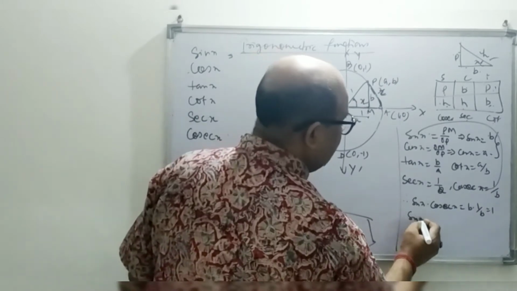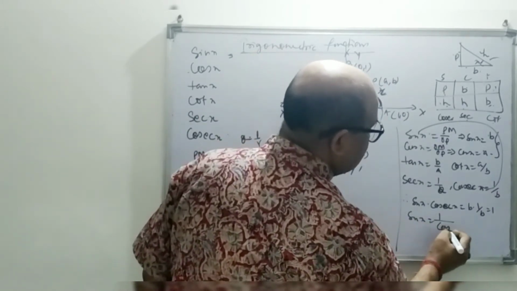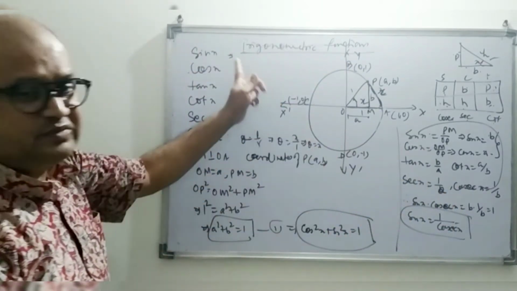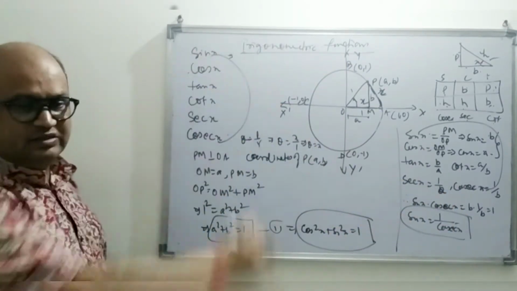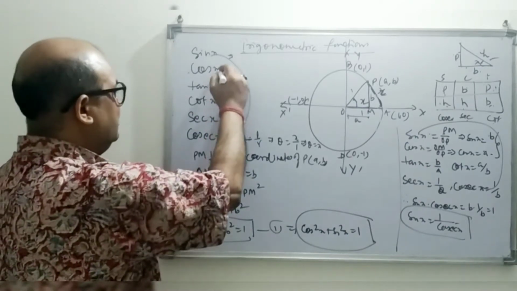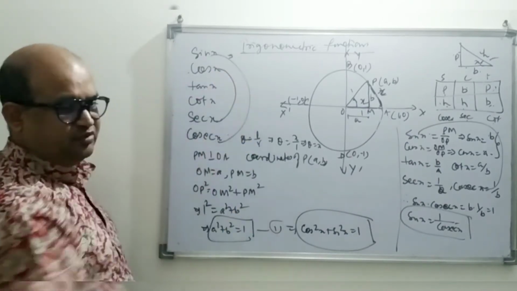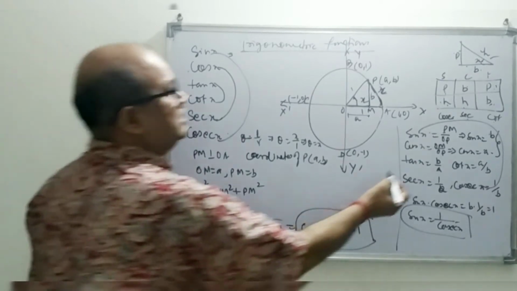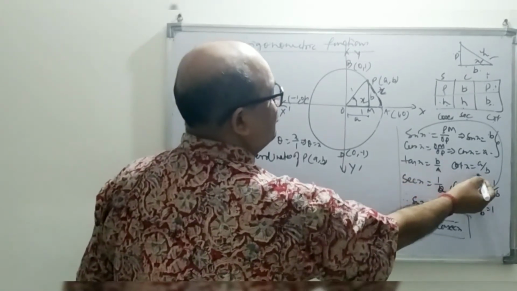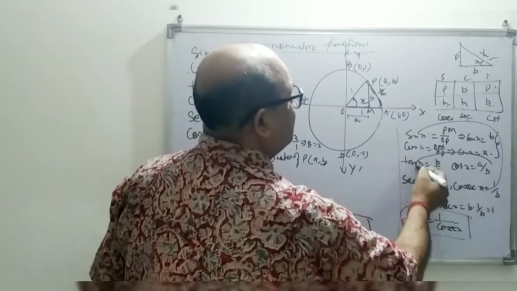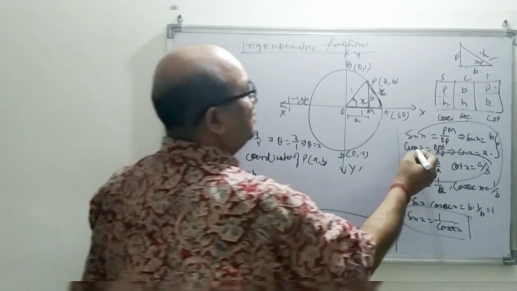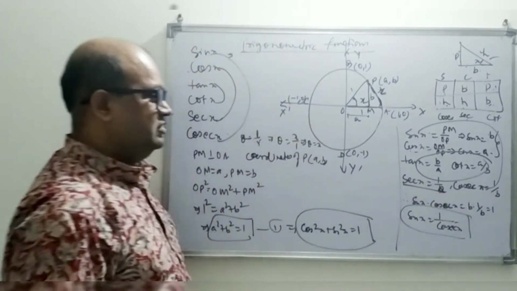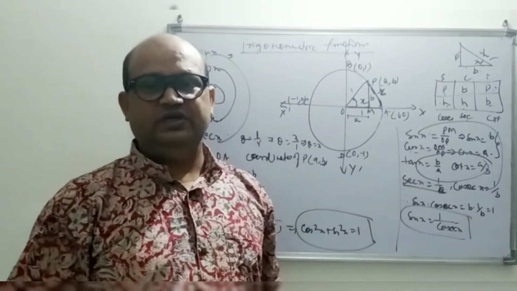That is sin x equals 1 upon cosec x. Sin x and cosec x are reciprocal to each other. Similarly, cos and sec are reciprocal to each other, and tan and cot are reciprocal to each other. Tan x equals b by a and cot x equals a by b, so they are reciprocal to each other. Similarly, cos x is a and sec x is 1 by a, so they are also reciprocal to each other.